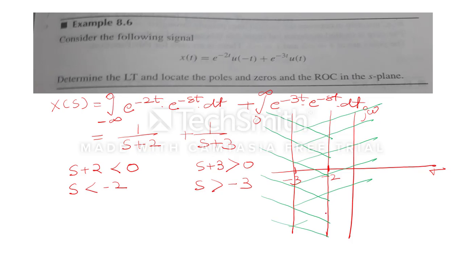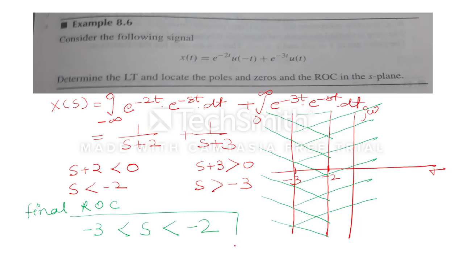We can see that the common area is nothing but this part between minus 3 and minus 2. So the final ROC will be s between minus 3 and minus 2. This will be our ROC.